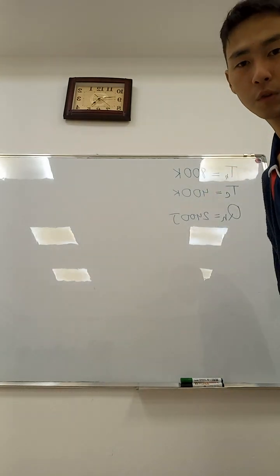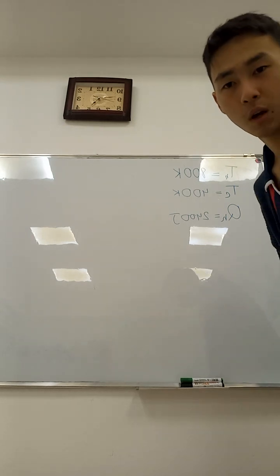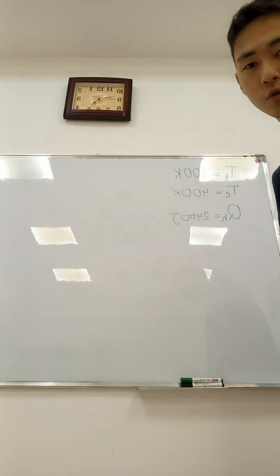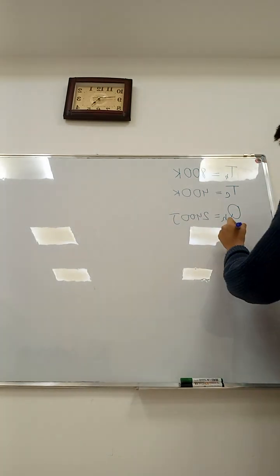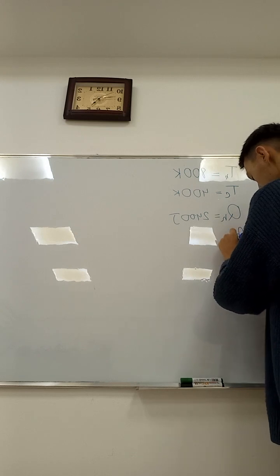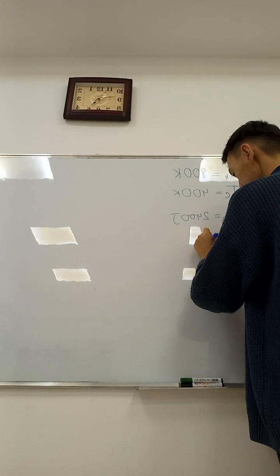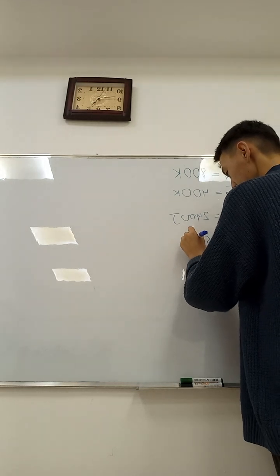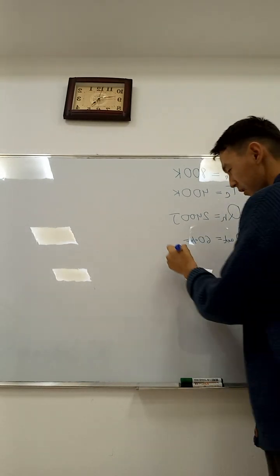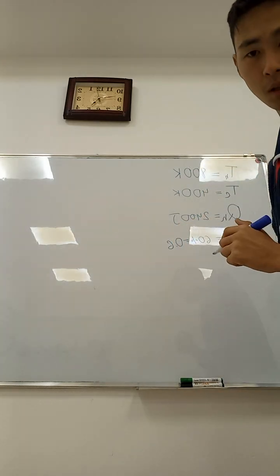However, due to irreversibilities, only 60% of this heat is converted into useful work, and the actual efficiency is 60%, or we can write this as 0.6.